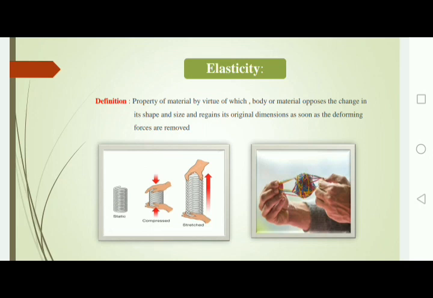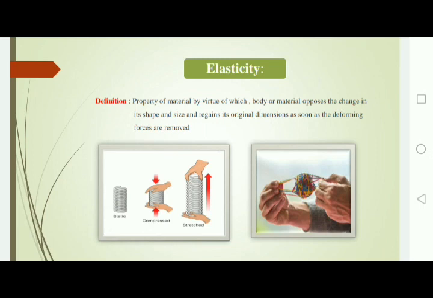And when the body gets deformed, internal forces are set up and they try to restore the body to its original shape. The extent to which the shape of the body is restored when the deforming forces are removed varies from material to material.